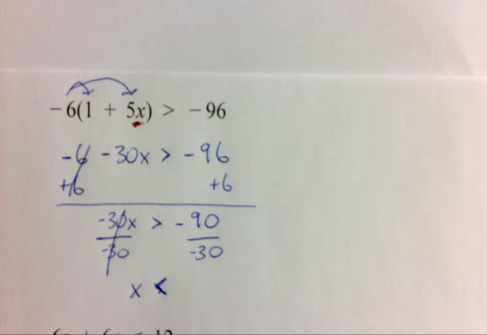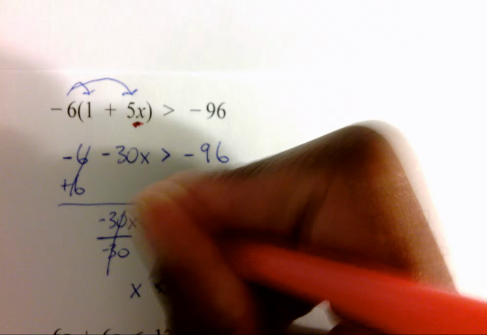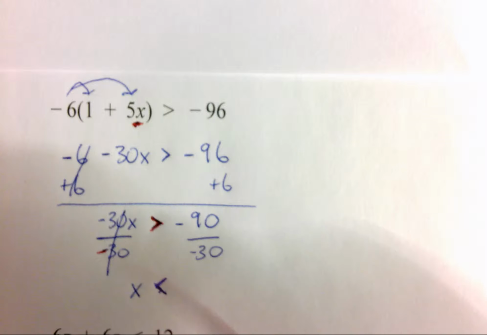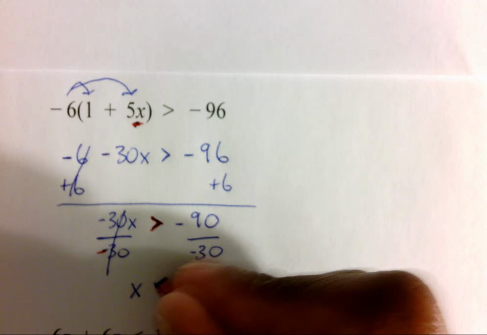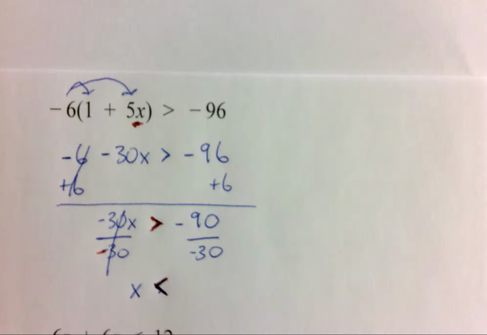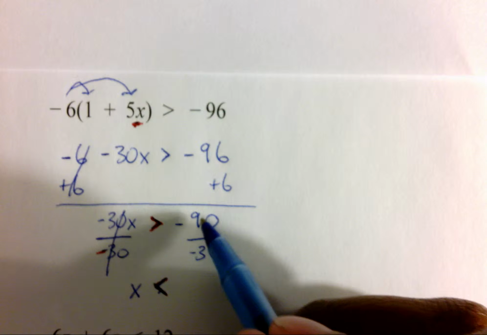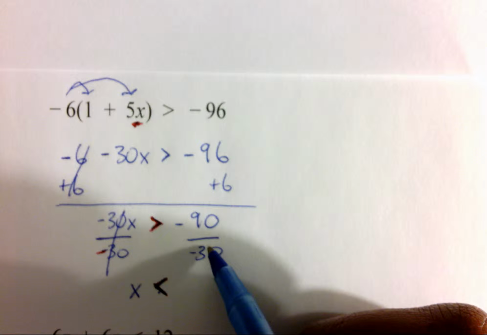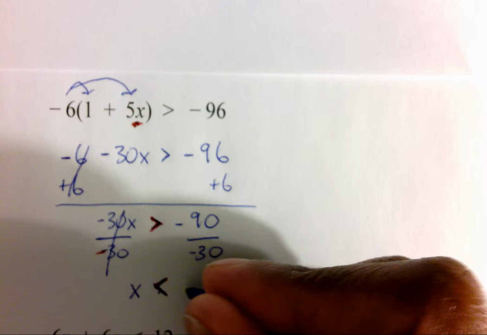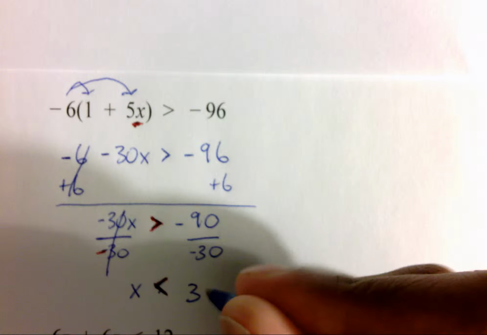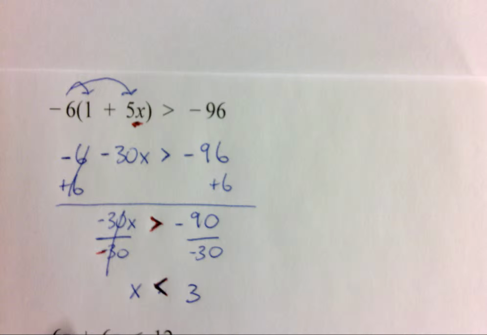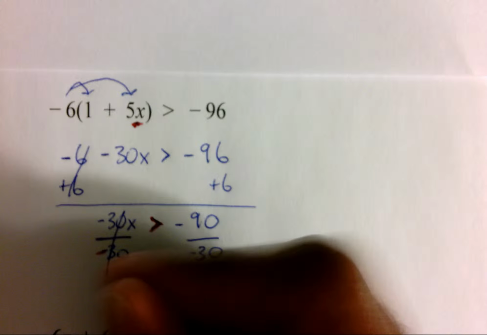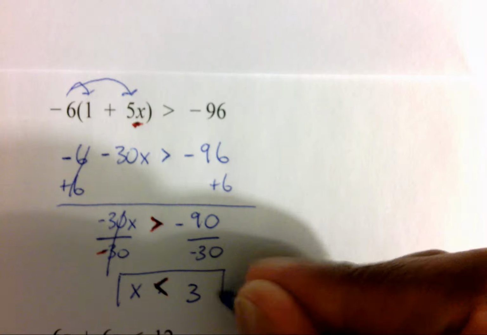So it changes direction. So now x is going to be less than, I have a negative divided by a negative, and I know 30 goes into 90 three times. Okay, so x is less than 3 is my solution set.